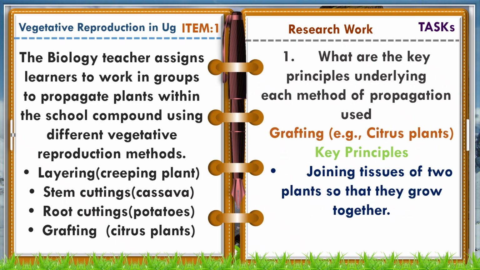We go to another type, and that is grafting. This one is mainly done in citrus fruits or citrus plants. The key principle here is joining tissues of two plants so that they can grow together.